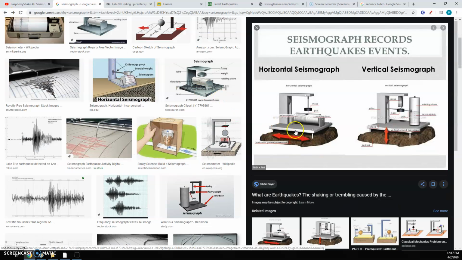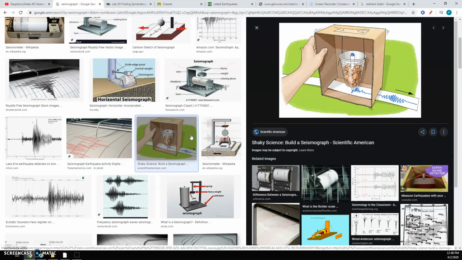So basically, a seismograph is just a pen on a pendulum, and it swings back and forth. And as it swings back and forth, it makes some squiggles on a piece of paper. And the bigger the squiggles, the bigger the earthquake. And you guys can kind of make your own. Again, it's just a pendulum that makes squiggles.